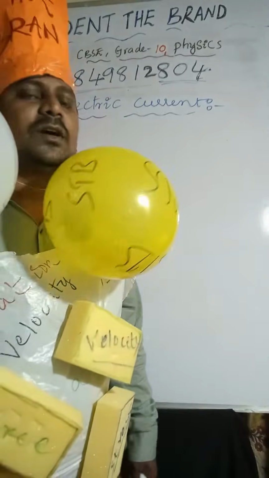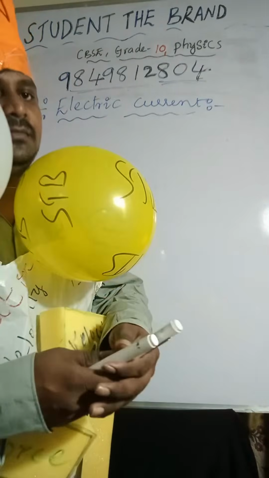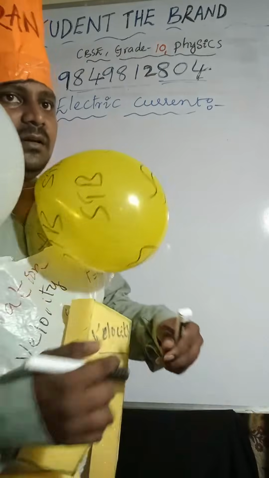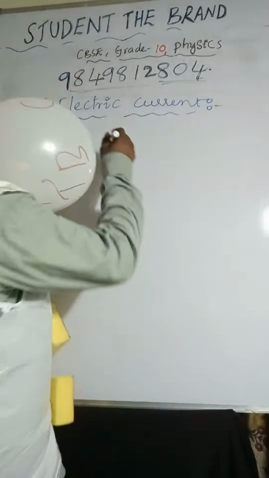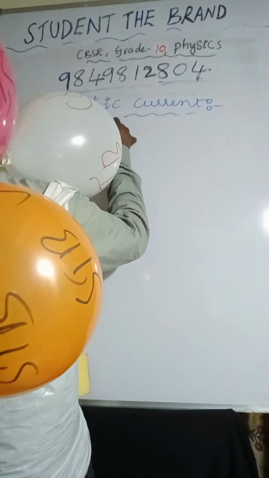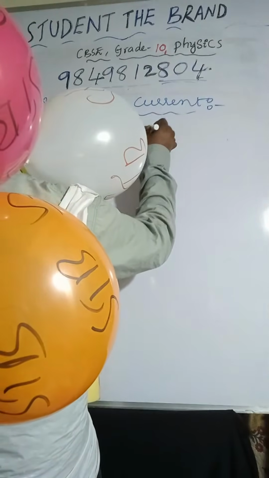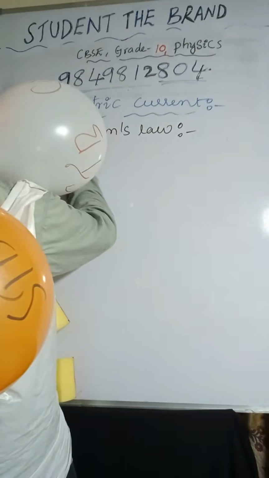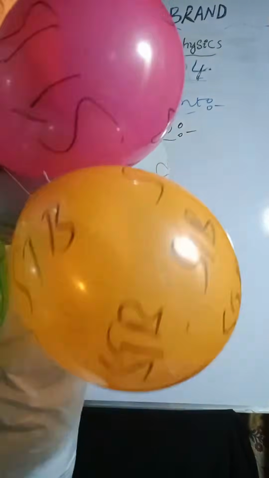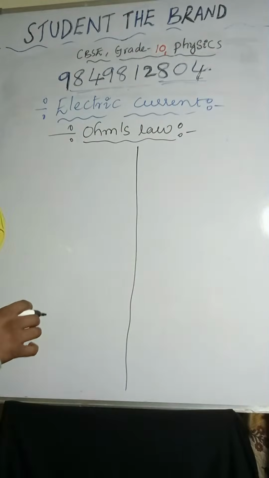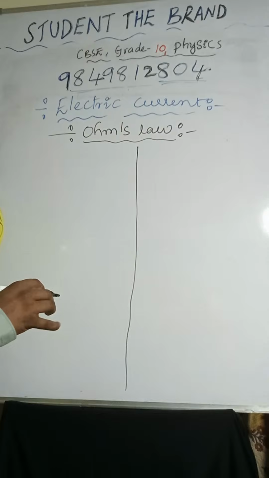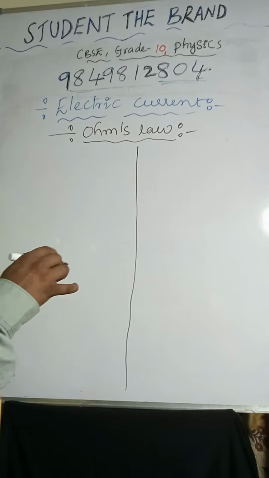Now we will discuss Ohm's law. So now be ready. Ohm's law is nothing but the potential difference across the ends of the given metallic conductor is directly proportional to the current flowing through it.